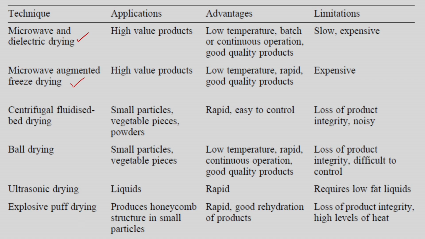That means microwave electromagnetic sources are used to dry the food product. There is also centrifugal fluidized bed drying, where centrifugal forces are used, and ball drying, and ultrasonic waves are used for drying. Their applications, advantages and limitations are given, so you may refer.